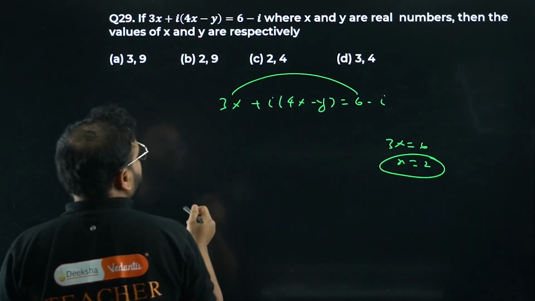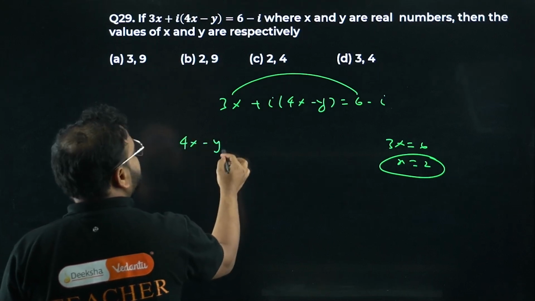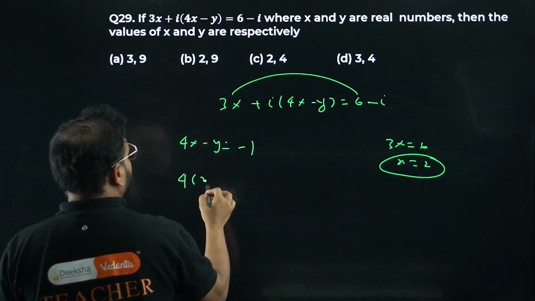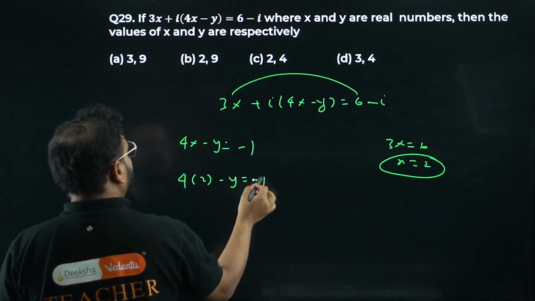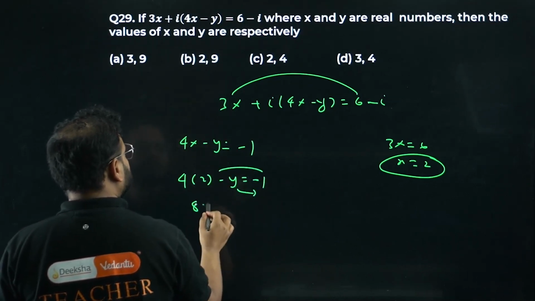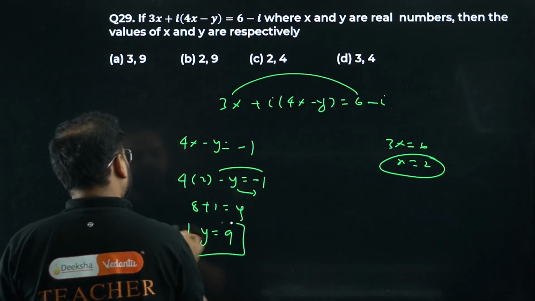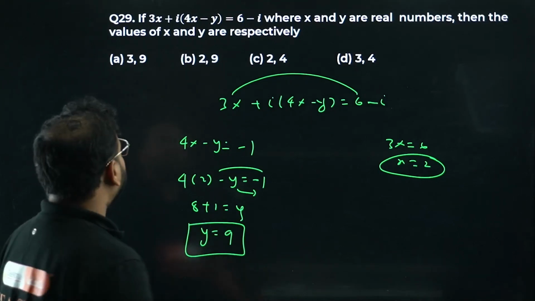Compare the imaginary part: 4x minus y equals, from here you compare, minus 1. Please check, 4 into 2, I'm getting minus y equals minus 1. Move this over here, this over there, I get 8 plus 1 equals y. I get y equals 9. The answer is 2, 9. Option B is correct.